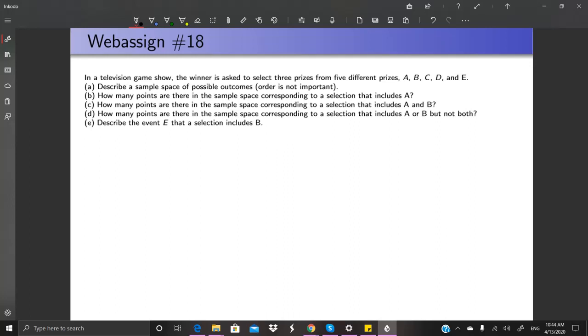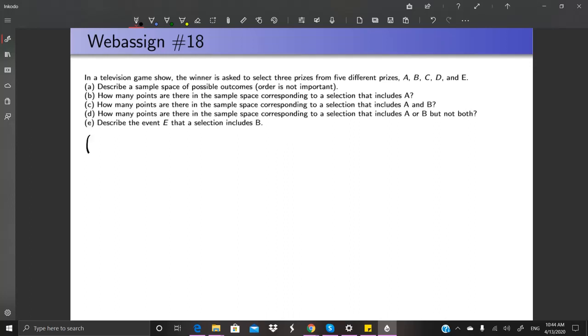Let's look at part A. Describe a sample space of possible outcomes if order is not important. Remember, order is not important means we can use combinations rather than permutations in order to count the elements. If we have this sample space, we're wondering how many elements are in it.